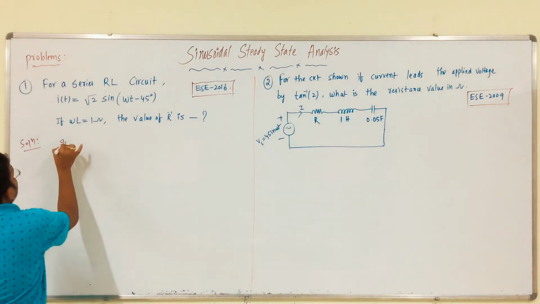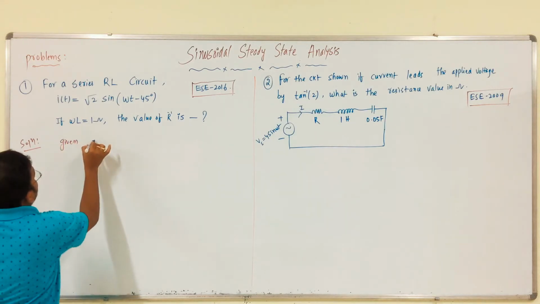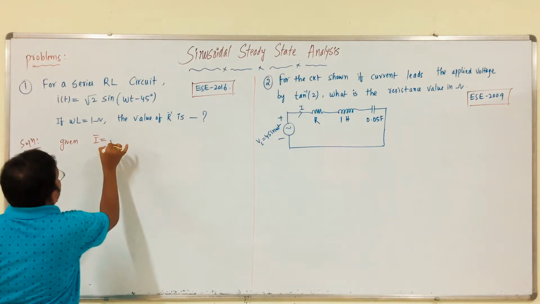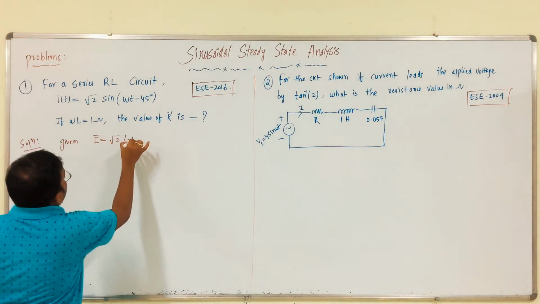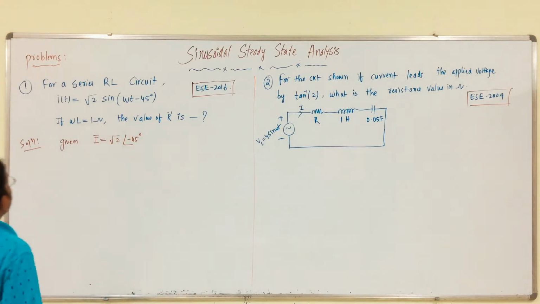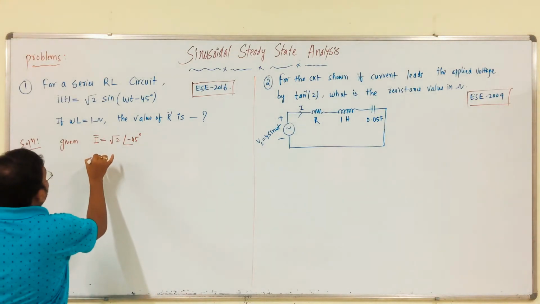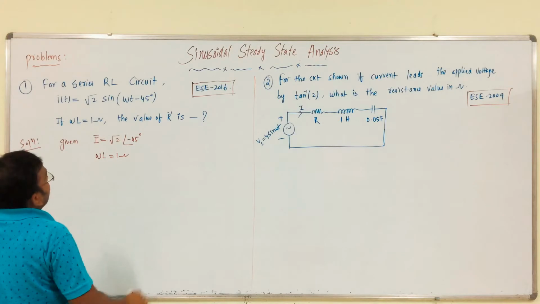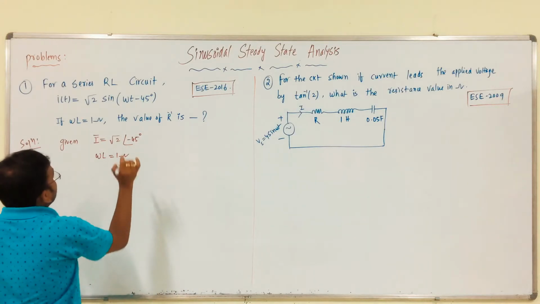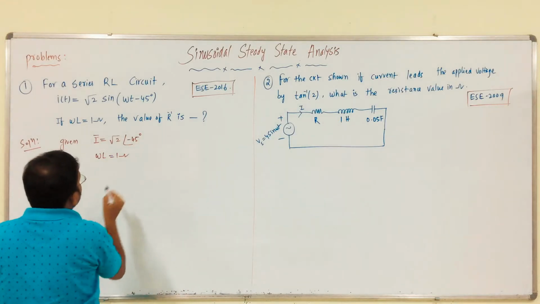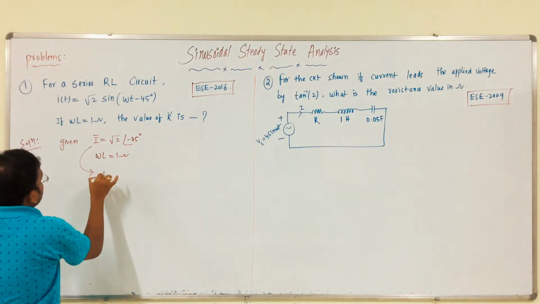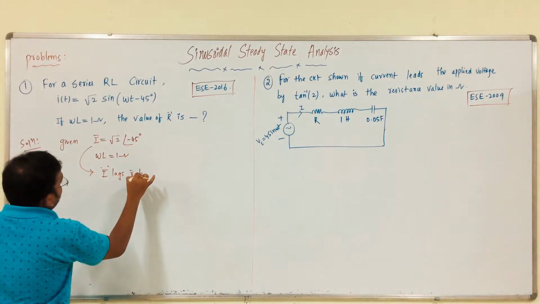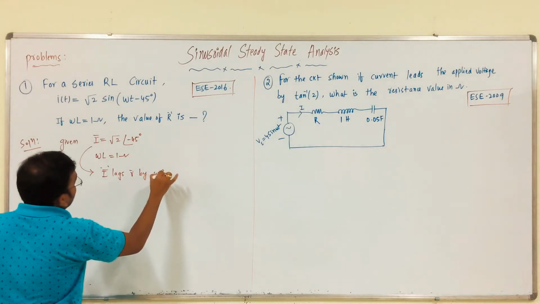Given current is root 2 at an angle minus 45, and omega L is equal to 1 ohm. You want the value of R. Minus 45 means the current lags voltage by 45 degrees.